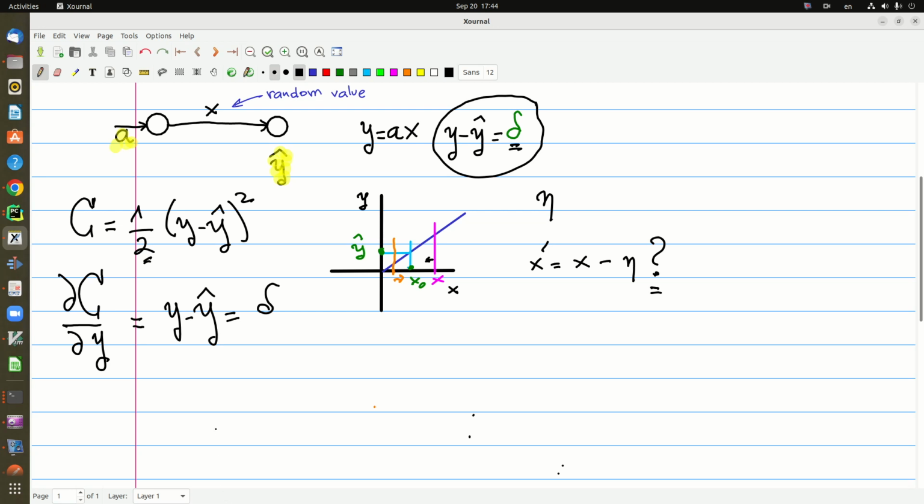We also know that y equals a times x. This means that the partial derivative of y over x is a.